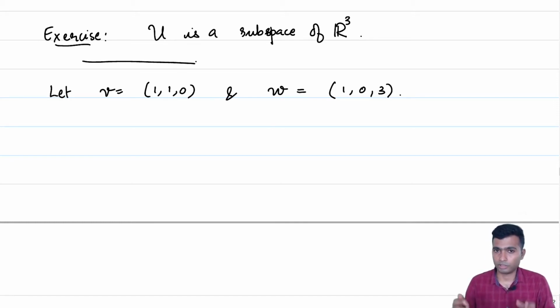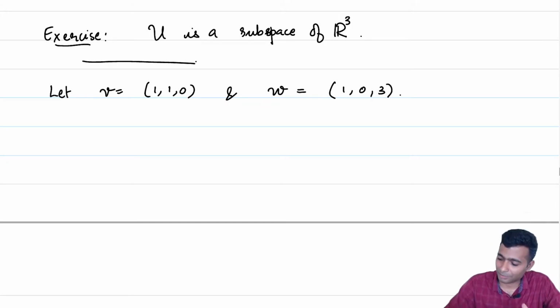What is the smallest subspace, or let's not ask smallest or anything, let's ask, can we get hold of one subspace which contains V and w, which could be a proper subspace, a proper subspace of R3 and not the entire R3 itself?